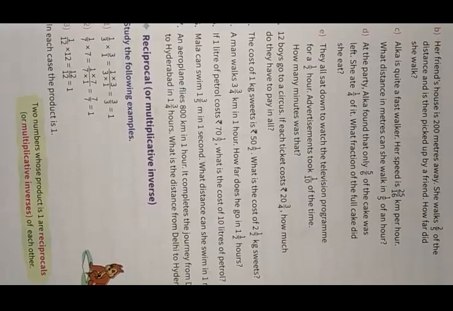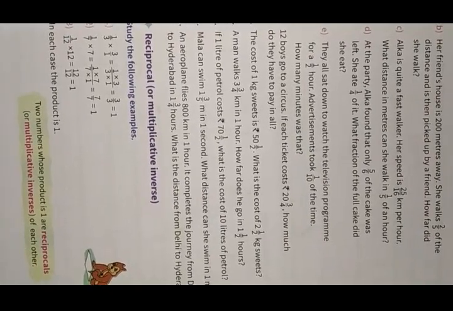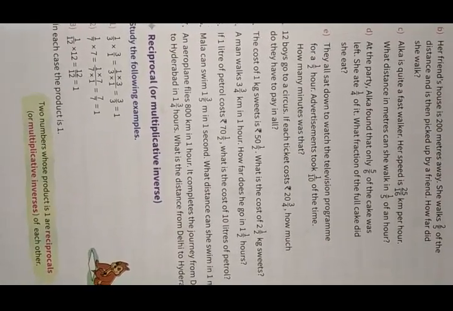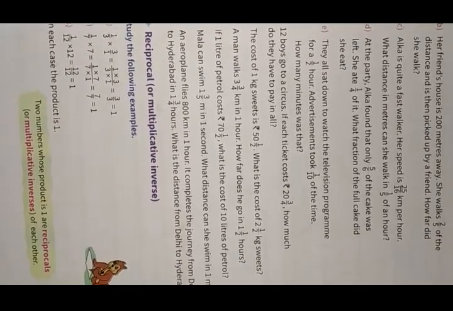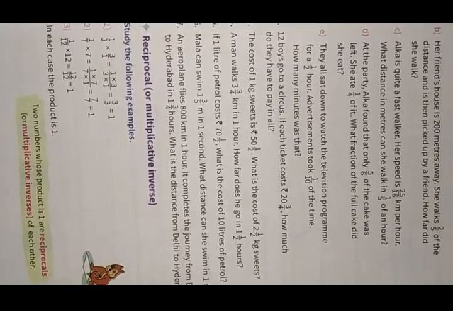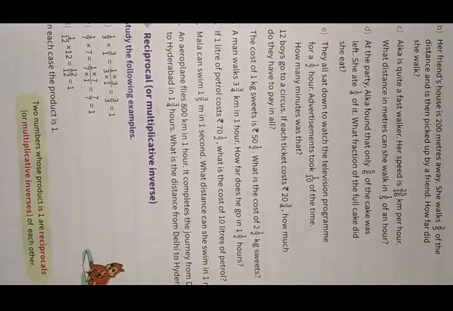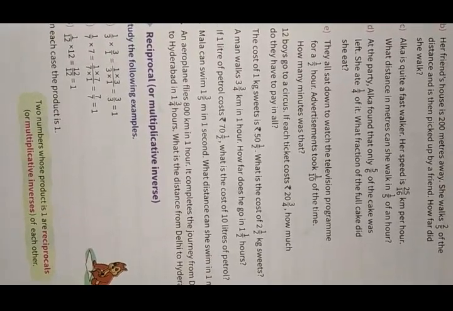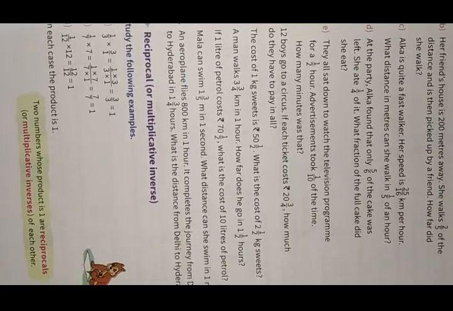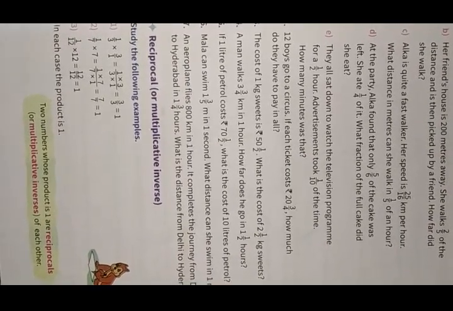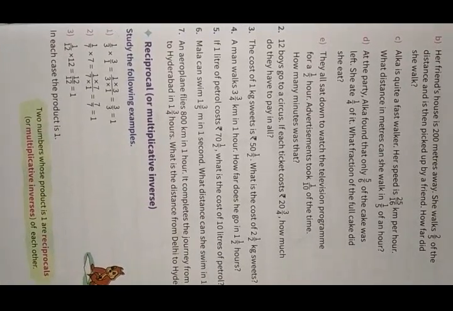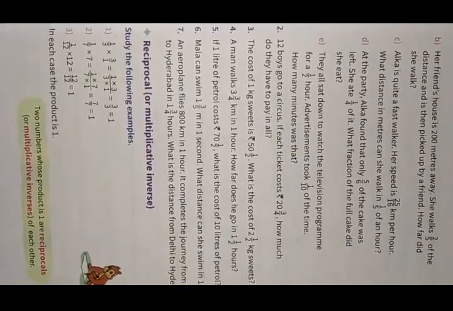Now if you have to find the distance covered in 3 hours, what you have to do is multiply 15 by 3, because in 1 hour she will cover 15 km, in 2 hours she will cover 30 km, 15 times 2, and in 3 hours she will cover 15 times 3, 45 km. But there is a change in numbers.